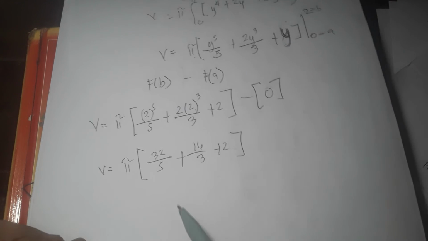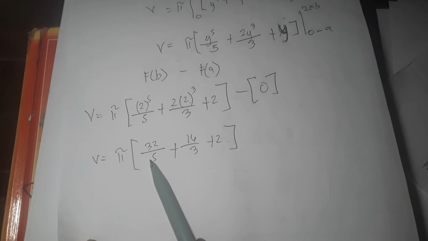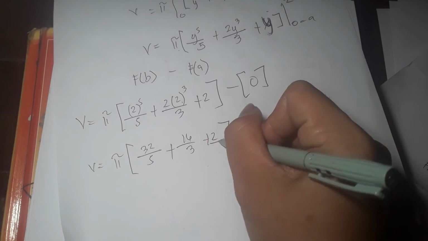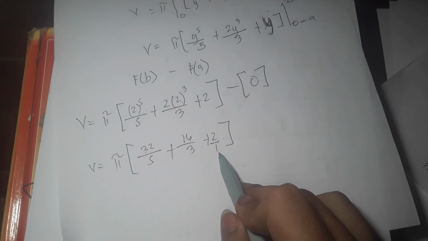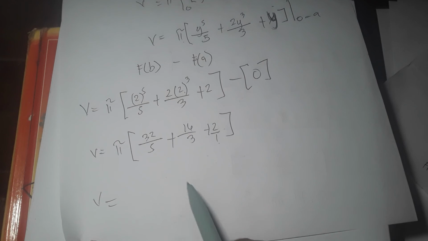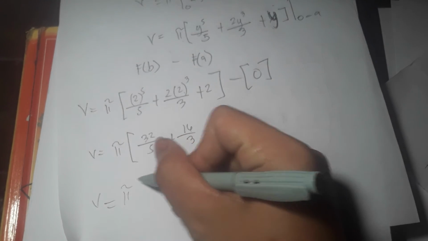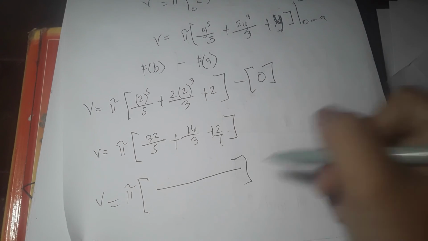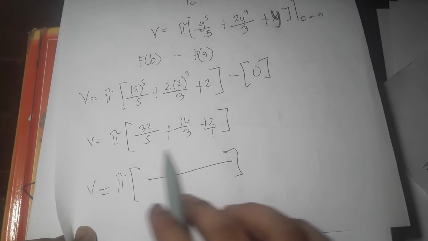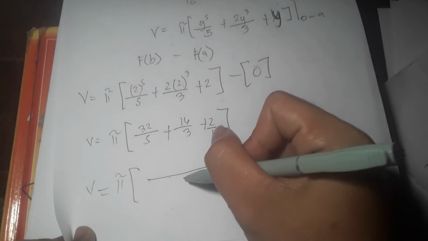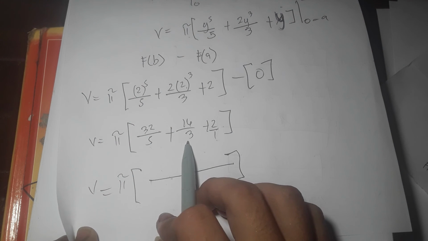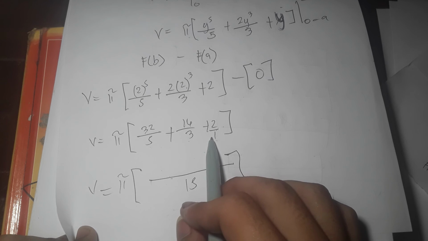So at this moment, we need to get the least common denominator of these three terms. So we have here the denominator 1 of a whole number. So we need to simplify this one for getting the least common denominator. So the least common denominator of these terms is equal to 15, because 5 times 3 is 15, 3 times 5 is 15, 1 times 15 is 15.